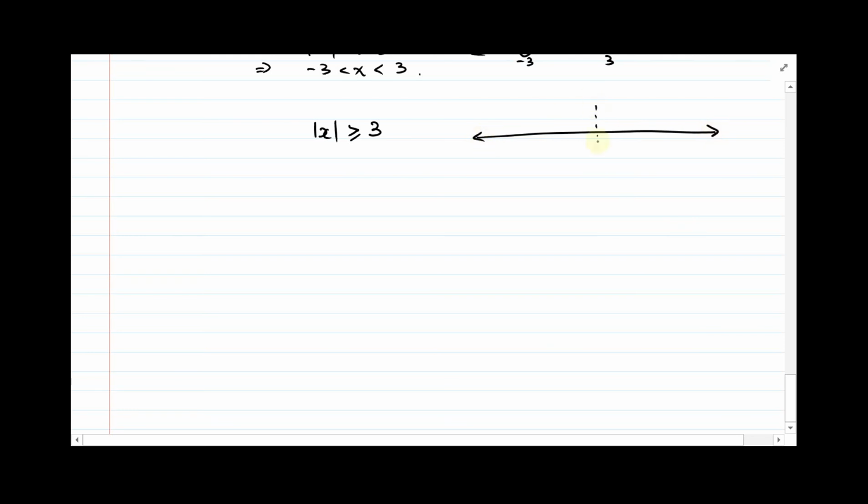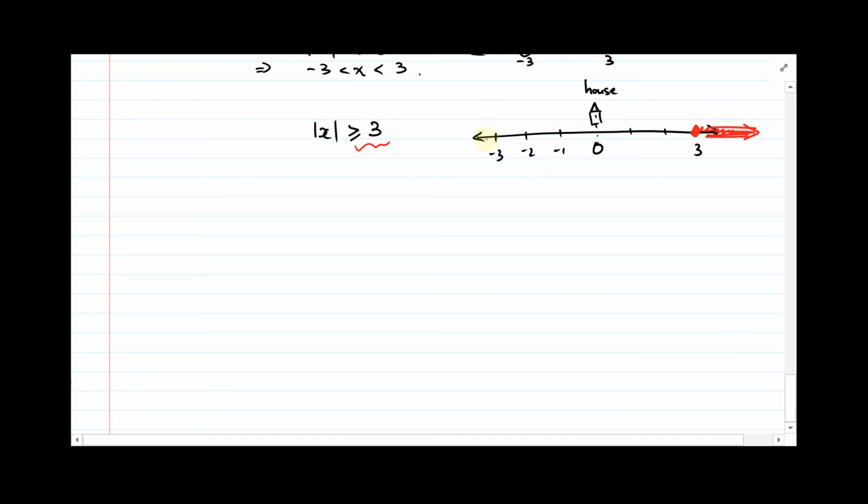So again, my house is at 0, and all I'm saying is that I'm running from my house, and I'm going to run 3 or more kilometers, right? So the minimum that I would go is 3 kilometers and everything above here, right?